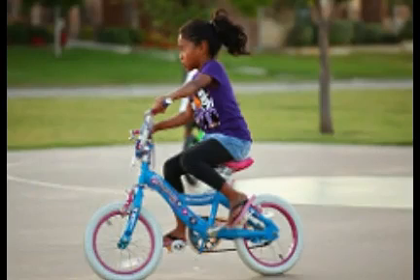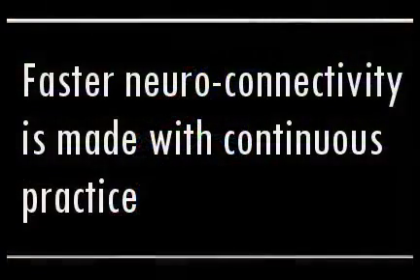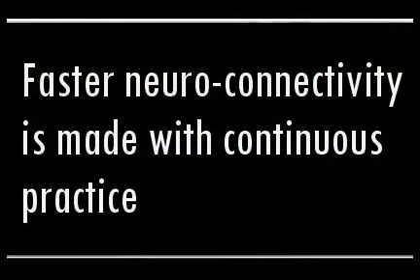That is the point where your brain makes a neural path. Once the neural path is made in your brain, it will align your body with the bicycle and you'll be able to ride the bicycle. It then follows that faster neural connectivity is made with continuous practice. Let me say that again. Faster neural connectivity is made with continuous practice.